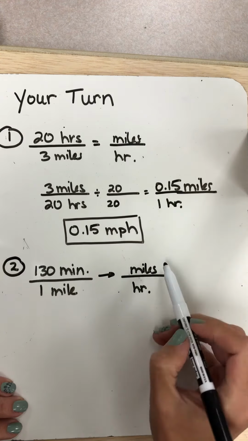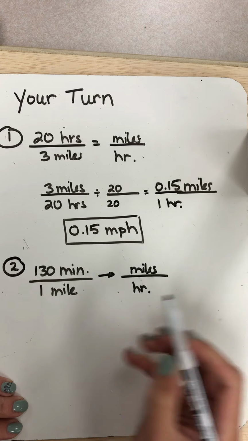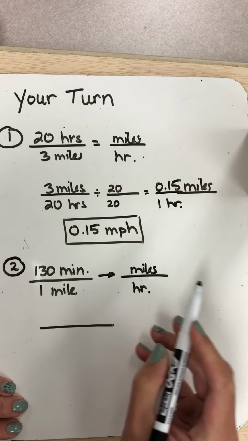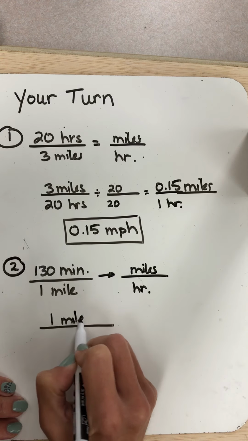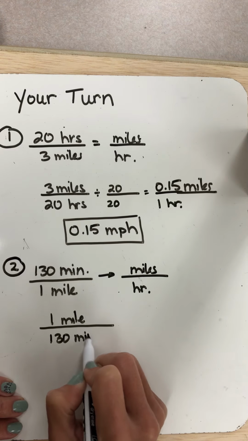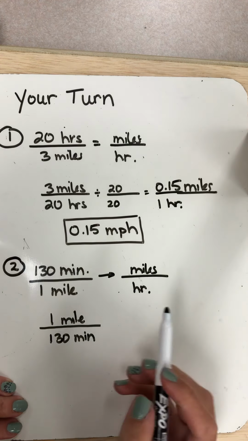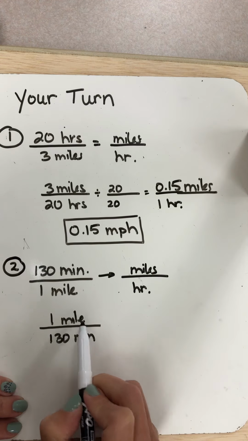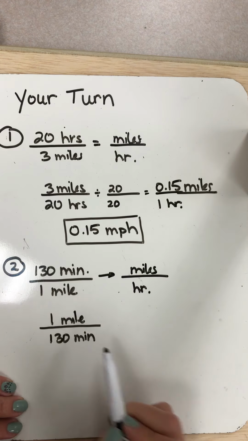But first of all, I want distance in my numerator and time in my denominator. So I'm going to rewrite this as distance, 1 mile, over time, 130 minutes. Okay, so here is how I want it to be. Miles is okay. I need to change minutes to hours.